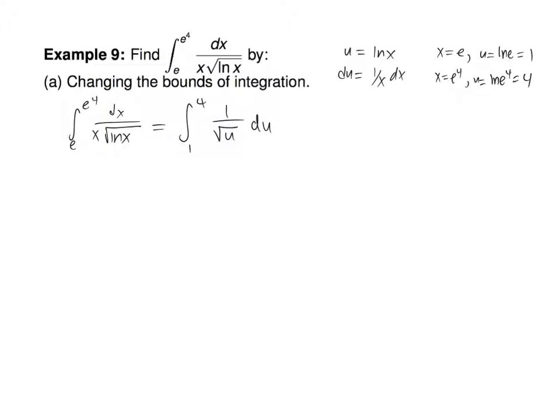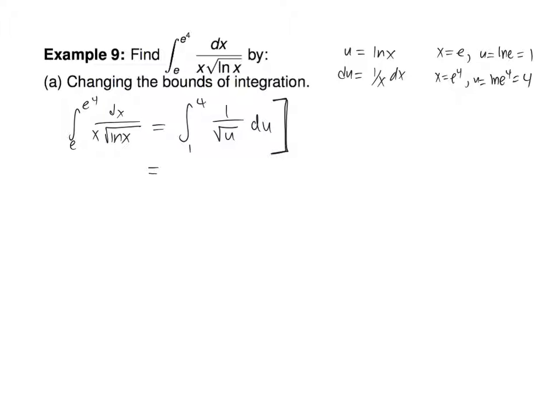Does that idea make sense? They're different curves, they have different bounds, but their areas are equal. So to find the first area, you can find the second area, which means you can forget the first one ever existed, temporarily at least. So what you can do now is proceed on your way as if this is the only problem you were given and you never saw the first thing to begin with.